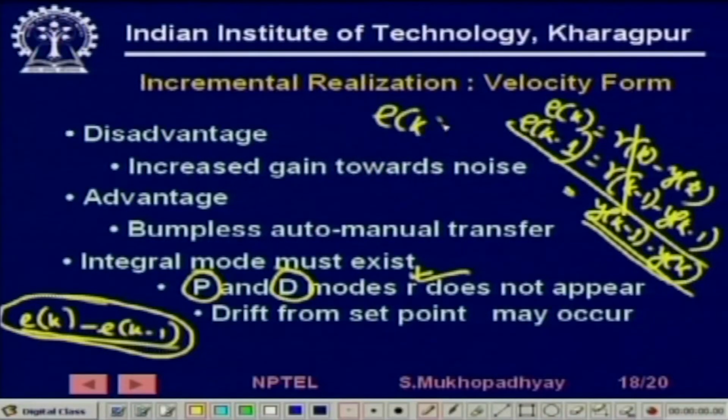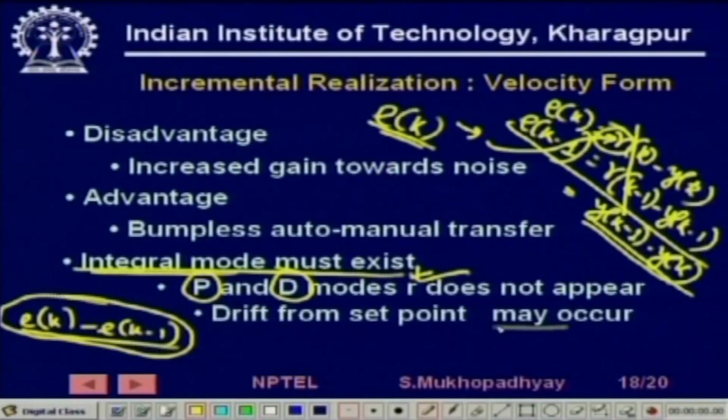But in the integral term there is an Ek term, just simple Ek. So, that contains Rk; there Rk is not cancelled. So, it is said that generally when you implement digital controllers in incremental form, you should have an integral mode, otherwise the process may slowly drift from set point without the controller taking corrective action.